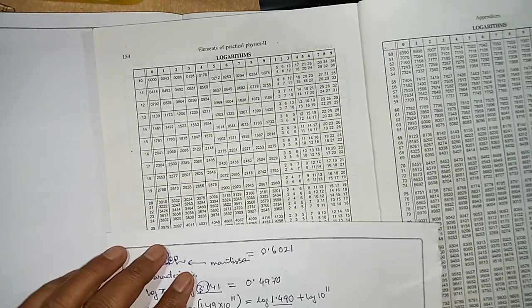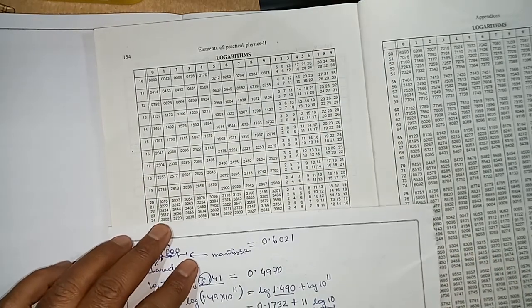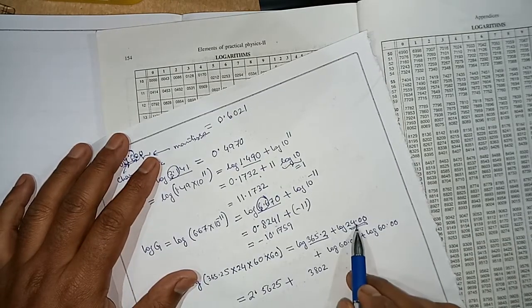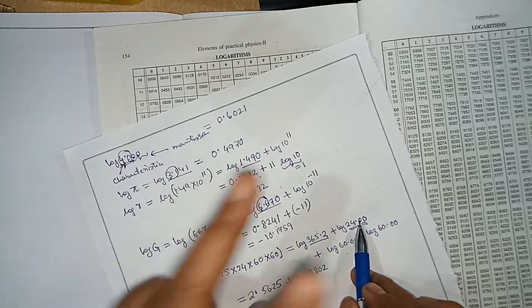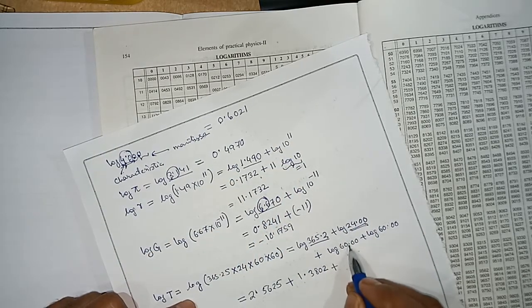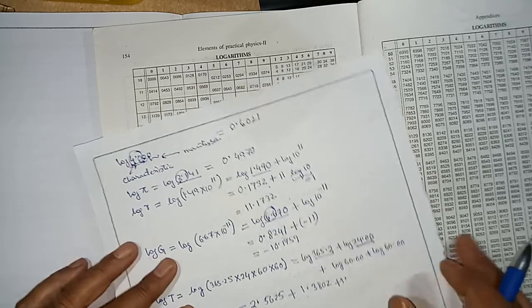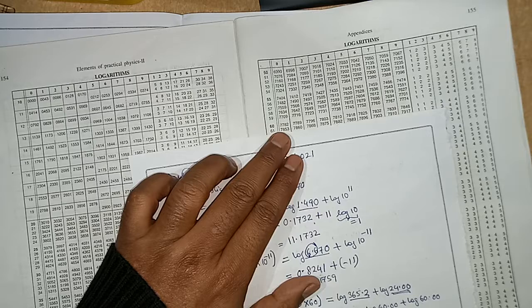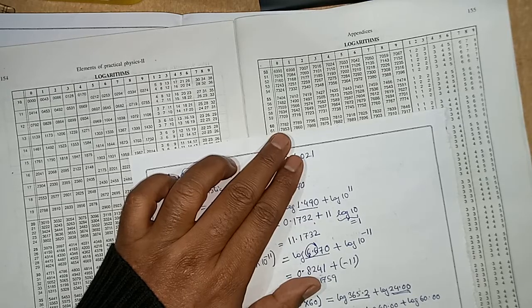Next is 24. Log of 24 is here, 3802. How many characteristics here? 2. Minus 1 is 1. So we get like this. 2 characteristics here, 1.607782.